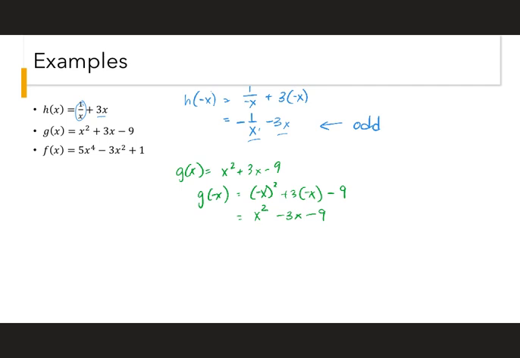Now it's not exactly the same as what I started with, right? This sign in the center has changed. So it's not exactly the same. It's not exactly the opposite. I have the same terms. I still have x squared, I still have 3x, I still have 9, but some of the signs are different and some of the signs are the same, which means it's also not odd. So this function would be neither even nor odd.